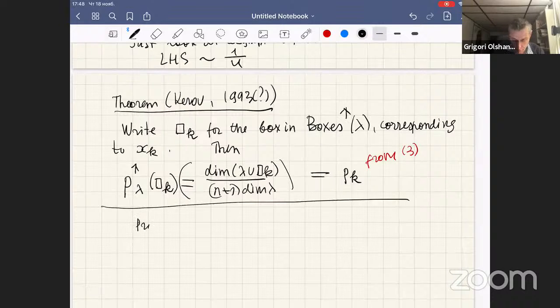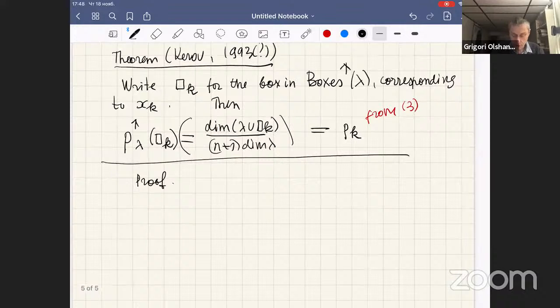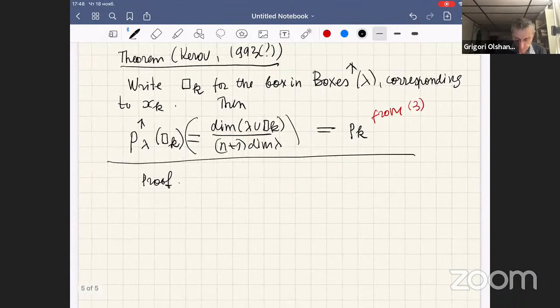The proof is as follows. We need some expression for the dimension. The relevant expression is the hook formula. I recall the hook formula.